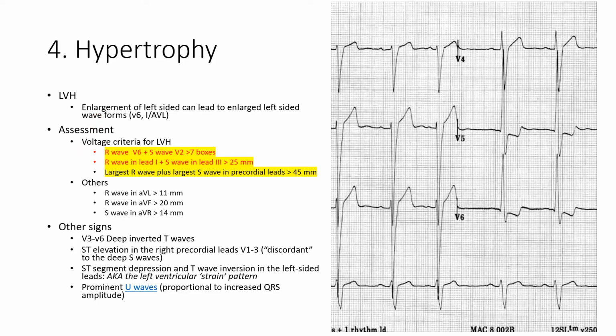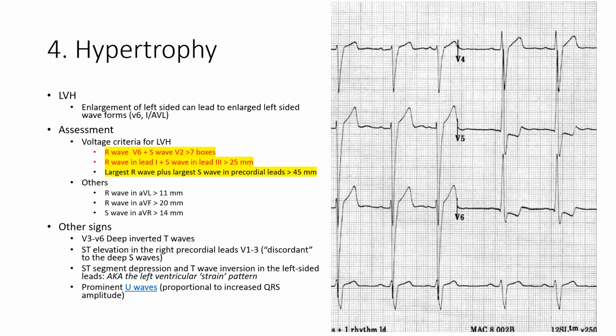I'm only going to have you remember this. The largest R wave in any of your precordial leads plus the largest S wave, these are your chest leads, if they equal greater than 45 millimeters, which would be 9 boxes, that's voltage criteria for left ventricular hypertrophy.